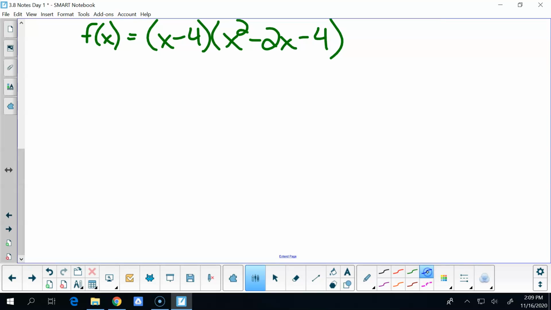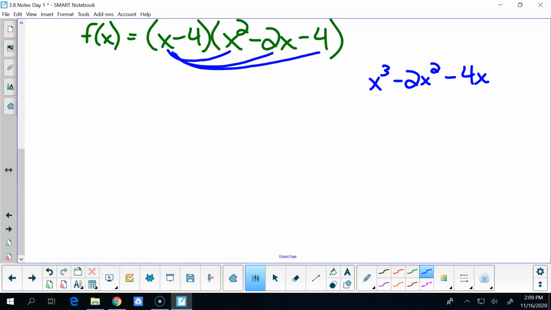And now I repeat that process again. So we have x cubed minus 2x squared minus 4x when we distributed here, then minus 4x squared plus 8x plus 16 would be here, here, and there.